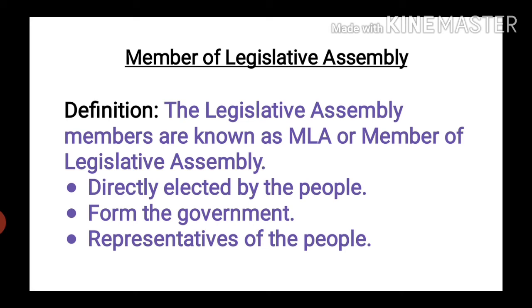What is the definition of MLA? The legislative assembly members are also known as MLAs, that is the members of legislative assembly. They are directly elected by the people, they form the government, and hence they are called the representatives of the people.